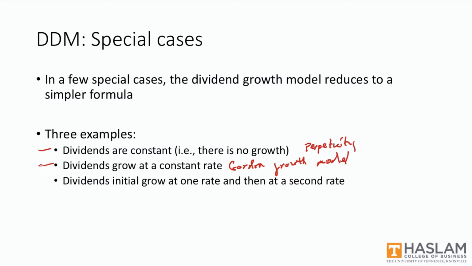And the third is a variation of the second, and here we're just going to have two growth rates. So we're going to have an initial period of potentially high growth and then a terminal period of stable growth. And we typically call this situation a two-stage or multi-stage growth model.